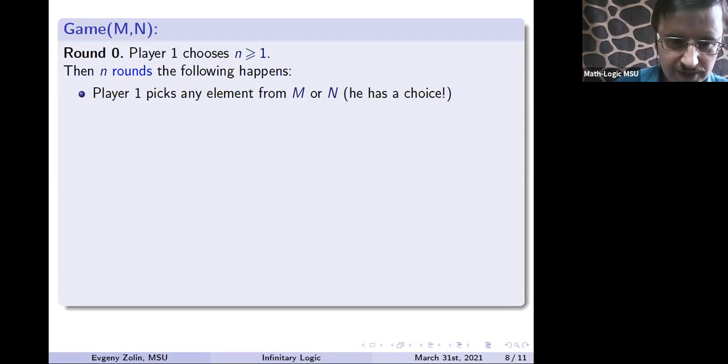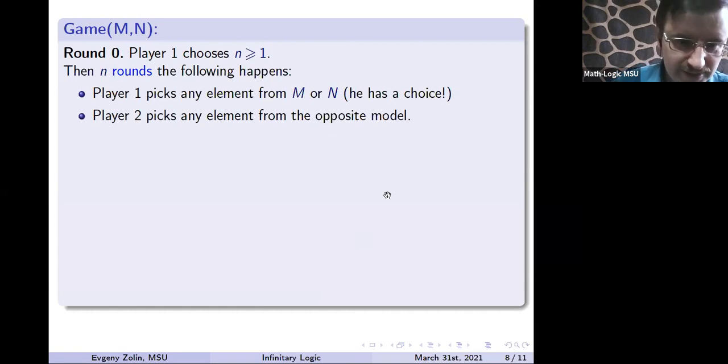The first player takes some element either from the model M or from the model N. So he has a choice from which model to take the element. He chooses either M or N, and if M is chosen, then he takes some element from M, or some element from N.